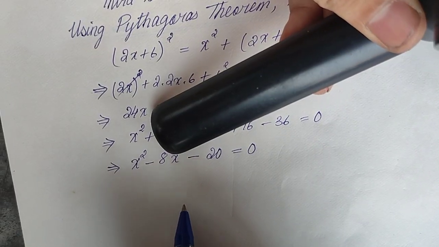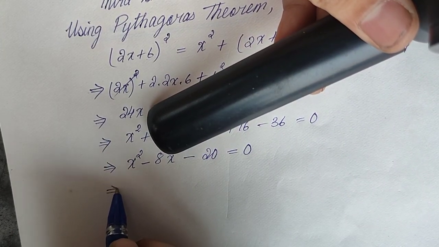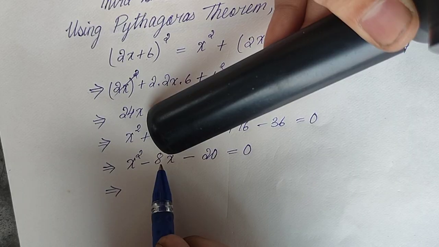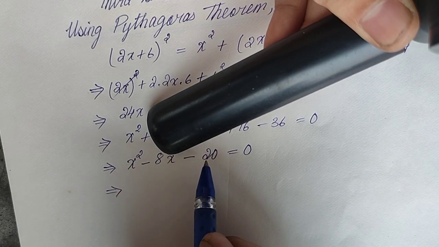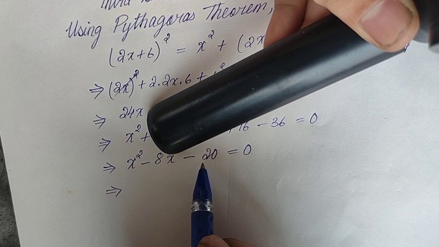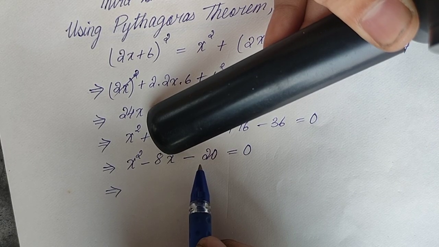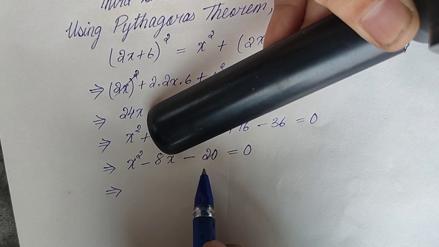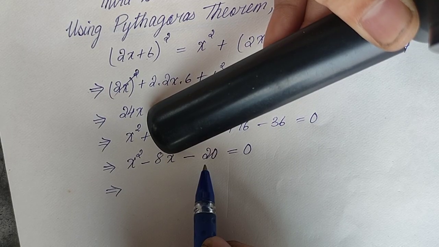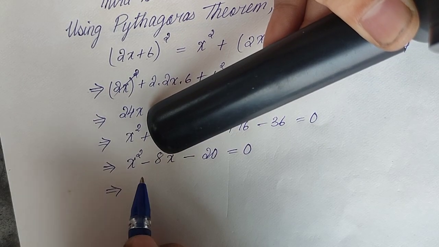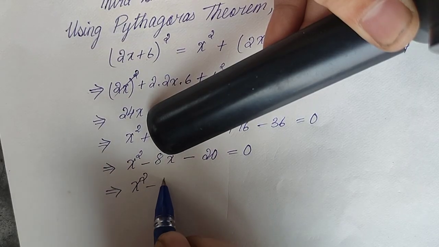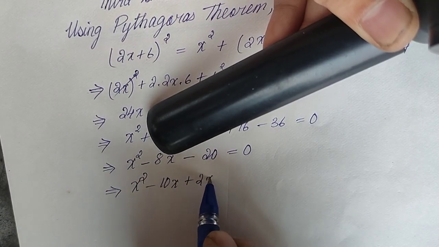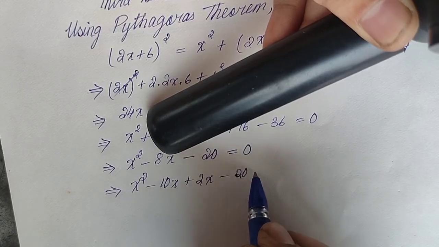Now splitting the middle term: two numbers whose product is 20 and difference is 8 are 10 and 2. So x square minus 10x plus 2x minus 20 equal to 0.